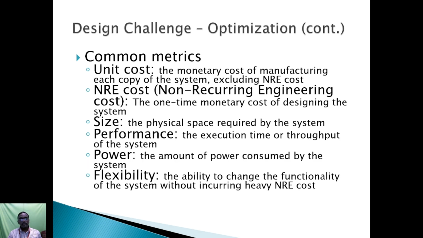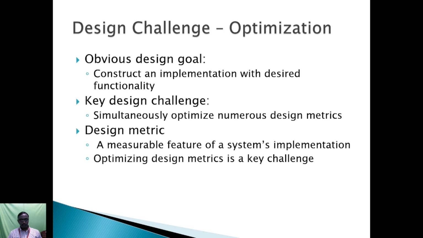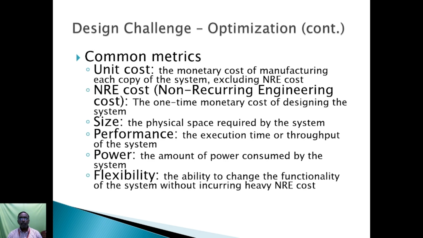A design metric is nothing but a performance evaluation of a system, such as how much time it takes to complete an event.